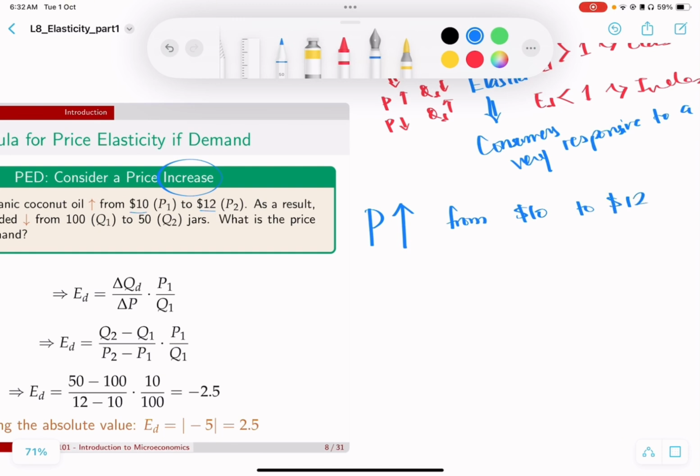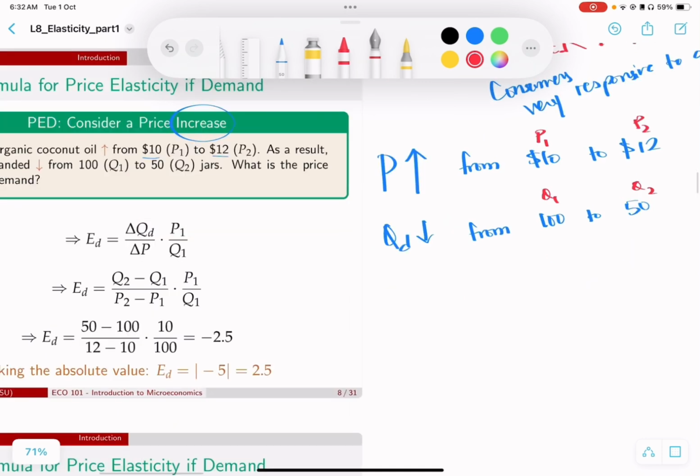At the same time, we're being told that quantity demanded will fall, it will move in the opposite direction from 100 units to 50 units. Look, I've not changed the numbers, and there's a reason for that. So let's just call this P1, let's call this P2, let's call this Q1. Let's call this Q2. Okay, so again, let's just calculate the elasticity of demand.